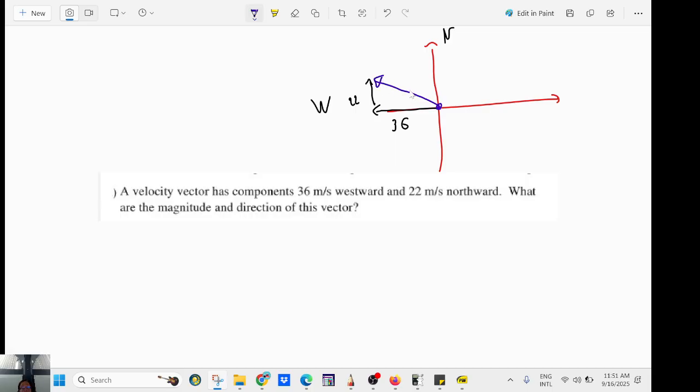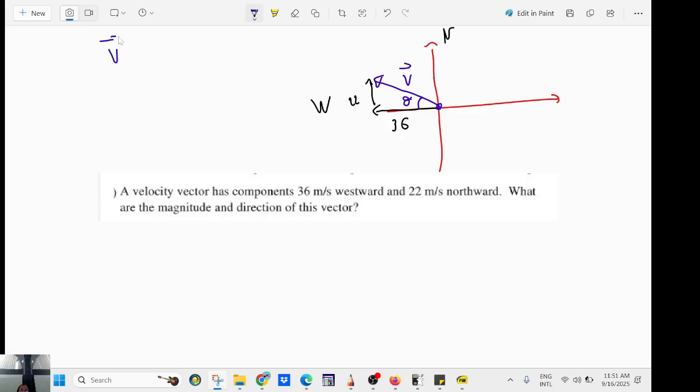Yes, Pythagorean theorem. So that will be my vector. But you always want to draw the vector to know exactly what you are talking about when you are talking about the direction. So be careful here. We're going to see that it can be tricky because now we are doing the opposite. Instead of going from the standard notation to the polar notation, we go from the polar to the standard.